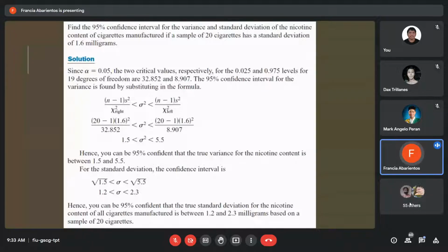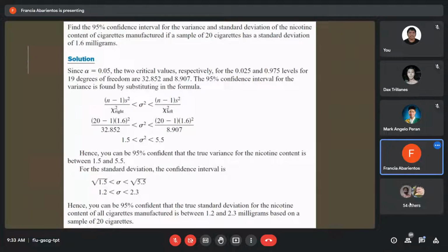We have now the given: a 95% interval of the variance and the standard deviation of nicotine content of cigarettes manufactured, if the sample of 20 cigarettes has a standard deviation of 1.6 milligrams. Given to us is the alpha, which is 0.05, right? Where did you get that? 1 minus 95.